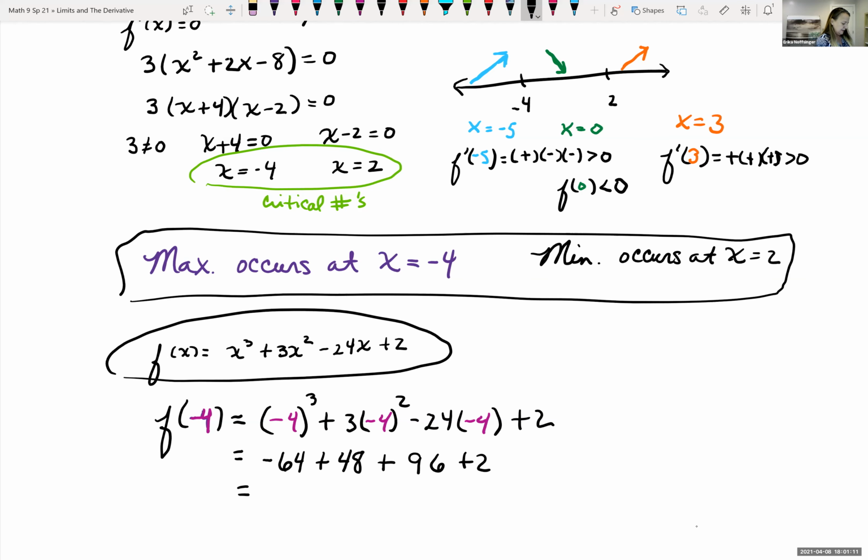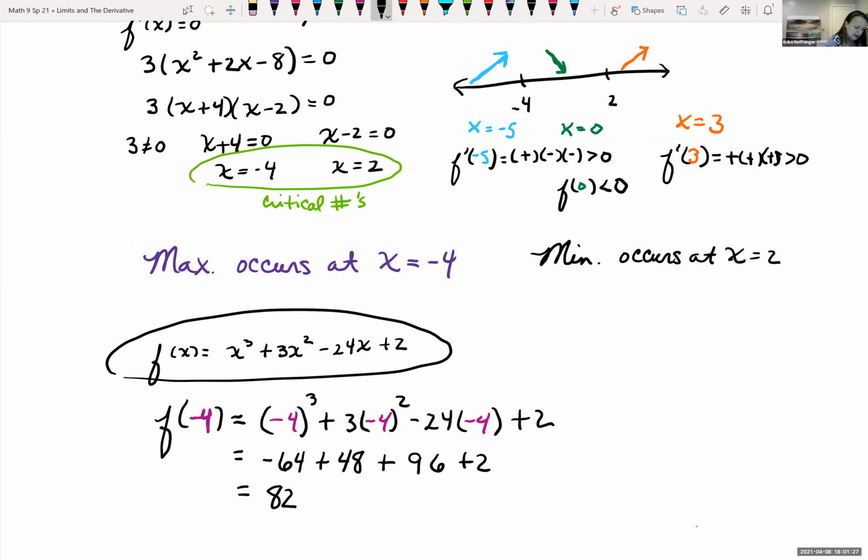Okay, so let's sum those up. -64 plus 48 plus 96 plus 2 gives us back 82. So max occurs at x equals -4, and the maximum value is 82.